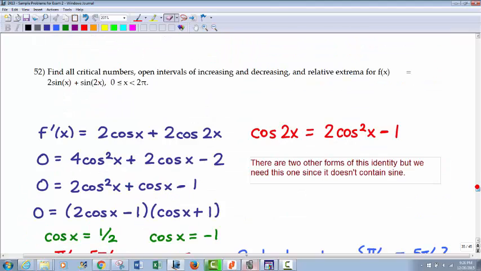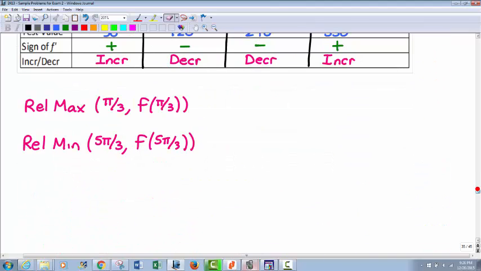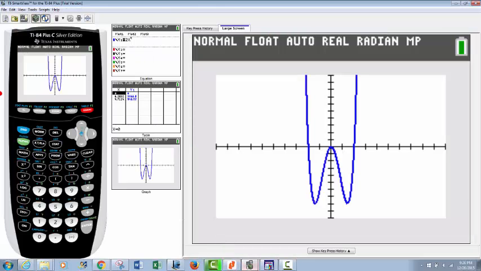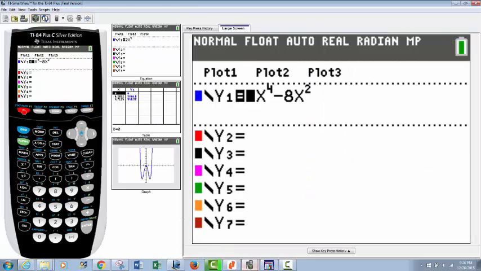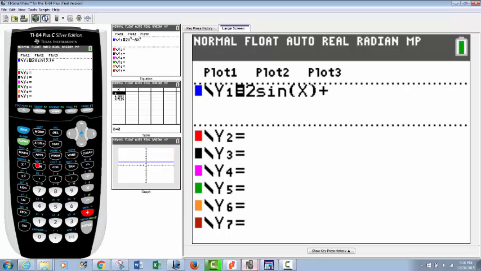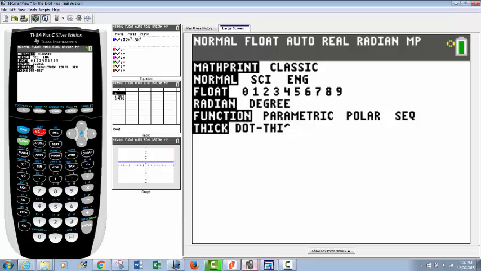Wait, excuse me, 2 sine x plus sine 2x. Alrighty, let's see. Mode. Radian, good.